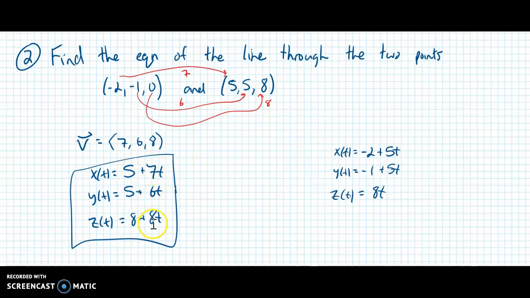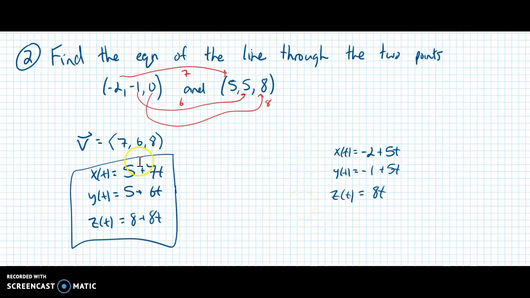So those become the slope pieces of my parametric equations, the things with the t's on them, 7, 6, and 8. And then I just need to take a point on the line. So the easiest one for me was this one because these guys were positive. Now, you totally could have taken this point instead, and then your z equation actually is a little bit more simple, but you got these negatives. So if that's what you had, you're correct. I just wanted to have those positives because it made me happier.